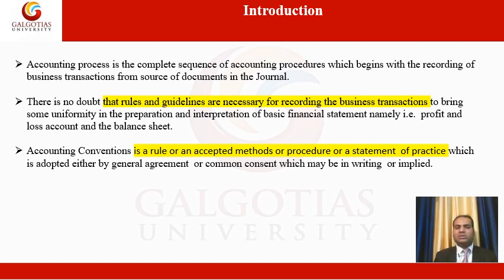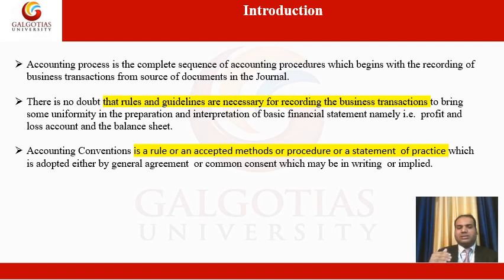There is no doubt that rules and guidelines are necessary for recording the business transactions to bring some uniformity in the preparation and interpretation of basic financial statements, namely profit and loss account and balance sheet.